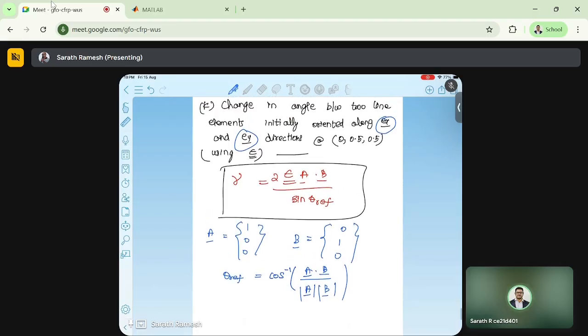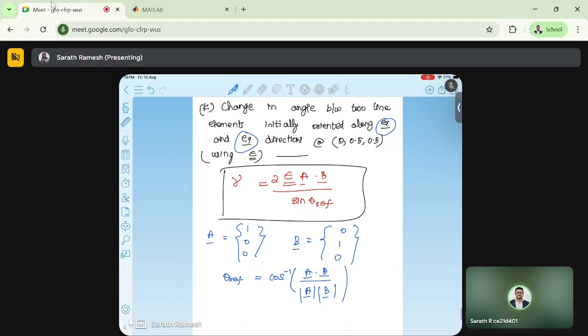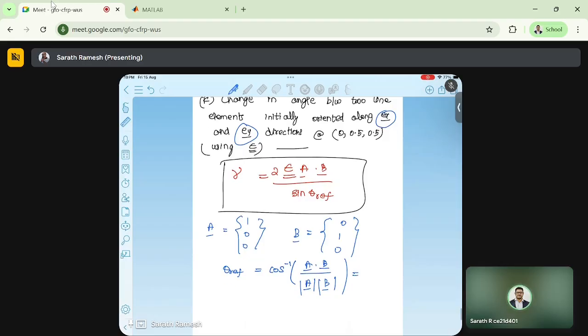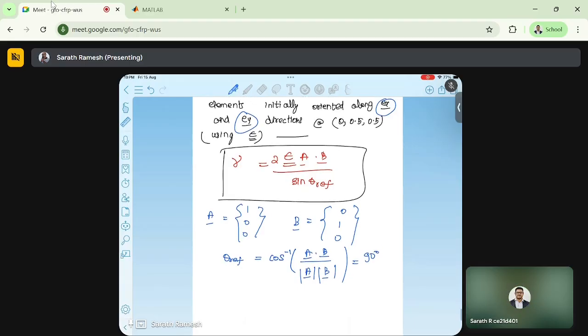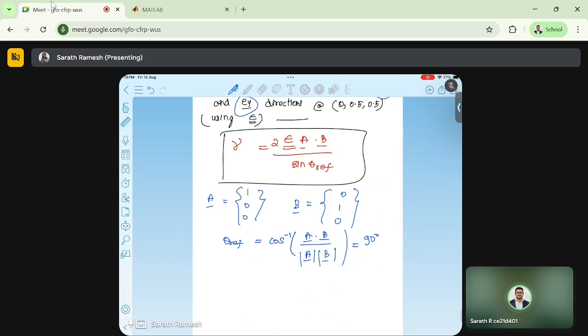A dot with B is 0. Cos inverse of 0 is 90 degree, pi by 2. So sine theta will become 1, the denominator will become 1. That implies gamma is nothing but 2 epsilon A dotted with B only for this problem.